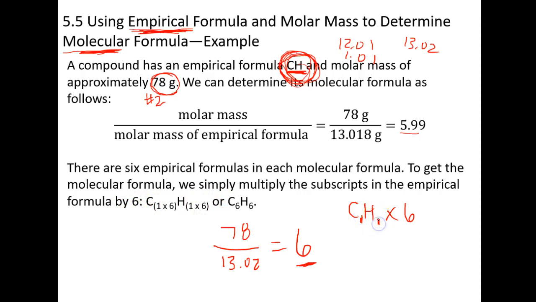There's a 1 there and a 1 there, and I multiply each number by 6. So I get C6H6. That is the molecular formula. So that's how you do molecular formulas. It's just a little bit of additional math. You're finding the ratio of the mass of the empirical formula compared to the mass of the actual formula.